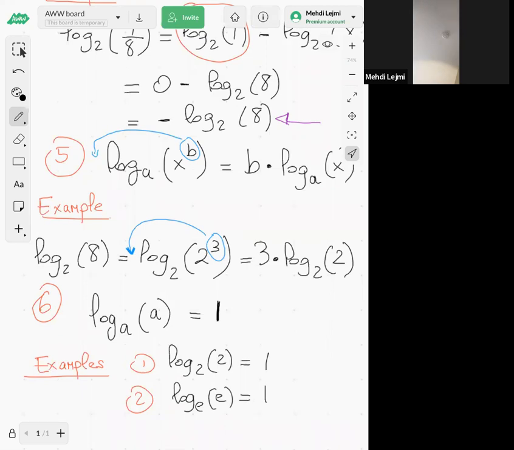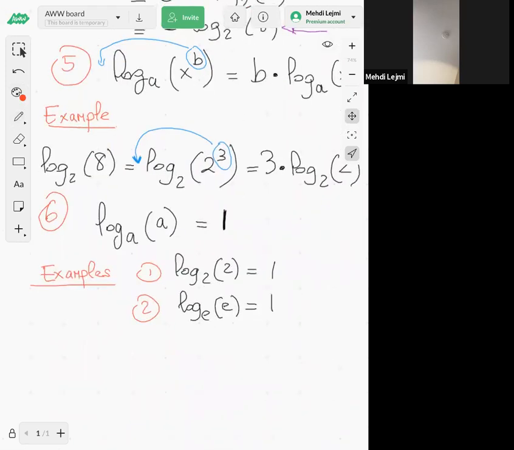So for example, example number 3. We had this log in base 2 of 8. Remember, we said that we can write 8 as 2 cubed. So that's log in base 2 of 2 cubed.